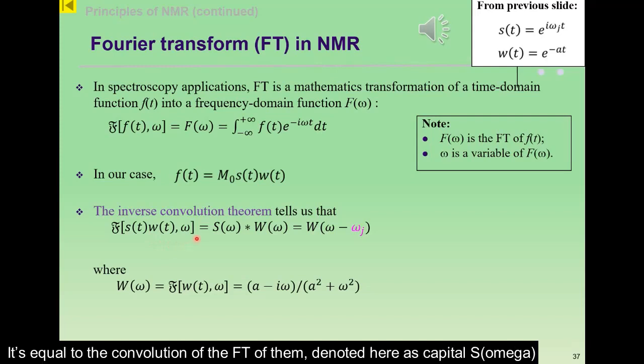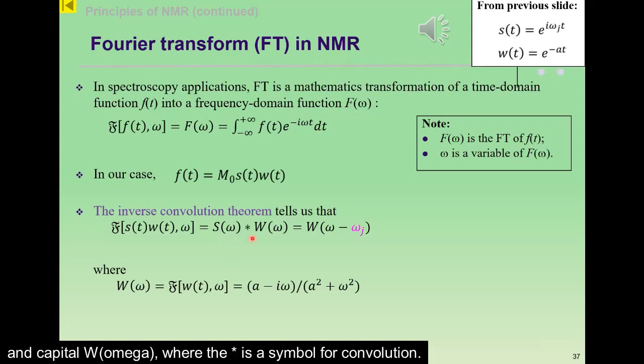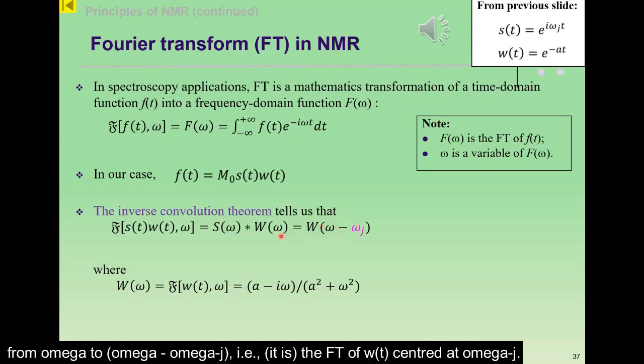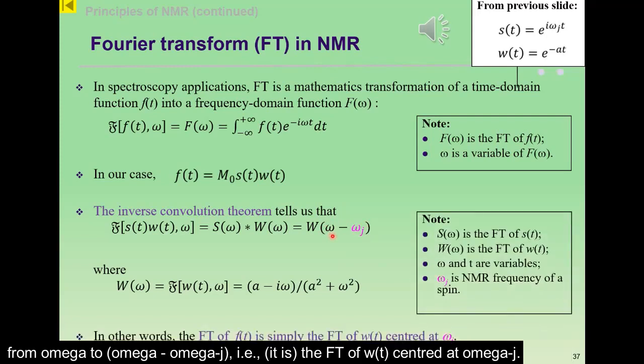It is equal to the convolution of the Fourier transform of them, denoted here as capital S(omega) and capital W(omega), where the asterisk is a symbol for convolution, and the result is simply the capital W with the variable changed from omega to (omega minus omega j), i.e. the Fourier transform of W(t) centered at omega j.